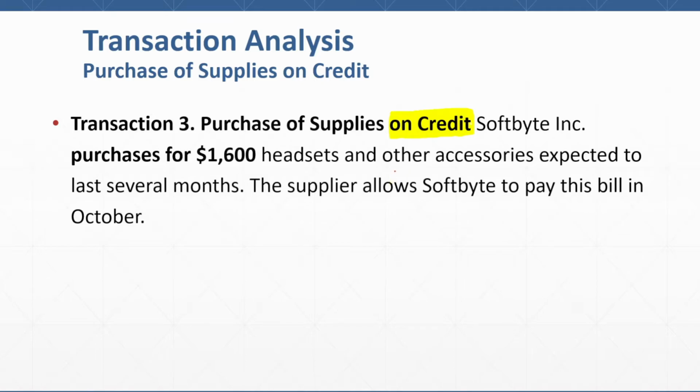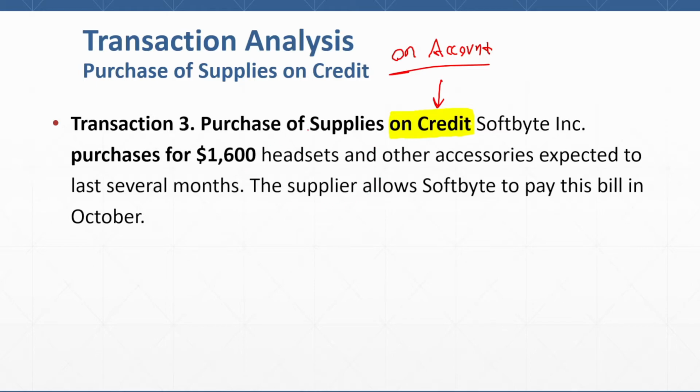Okay. But when it is on credit, or there's another term for that, on account, we do not pay right away. We purchase our product, whatever that thing is, but we promise to pay later. It is called on credit. The seller gives us credit. We don't use money, we don't use cash to purchase that thing.